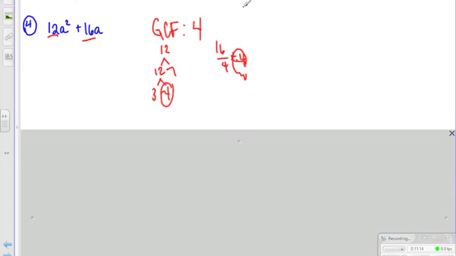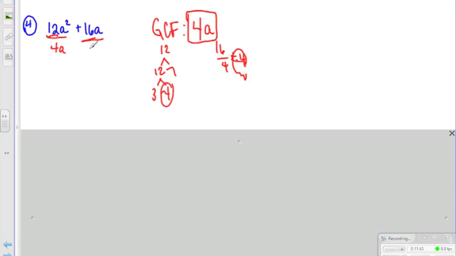Then we look for any variables they have in common. They both have a's. We want to take out the a with the lower power, because remember, this one means it has 2 a's, this one means it has 1, so they have 1 a in common. So just a to the first. So I have my GCF. Now step 2 in factoring says to divide all the terms in the polynomial by the GCF.